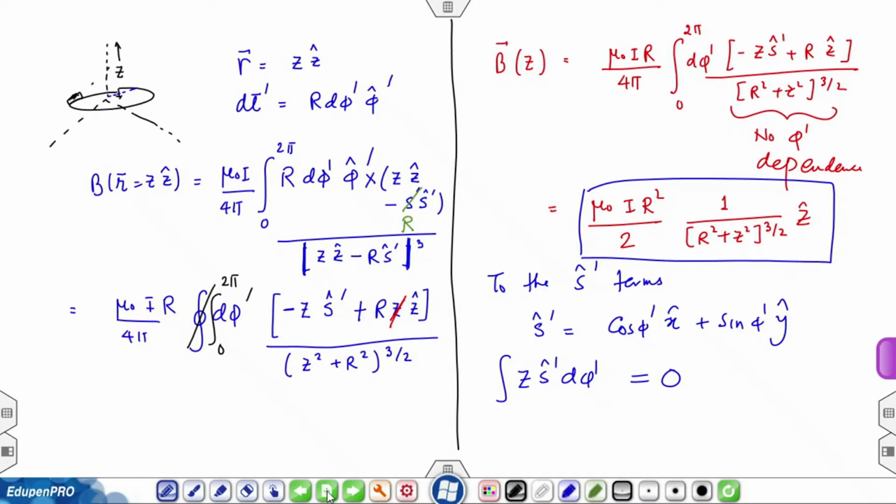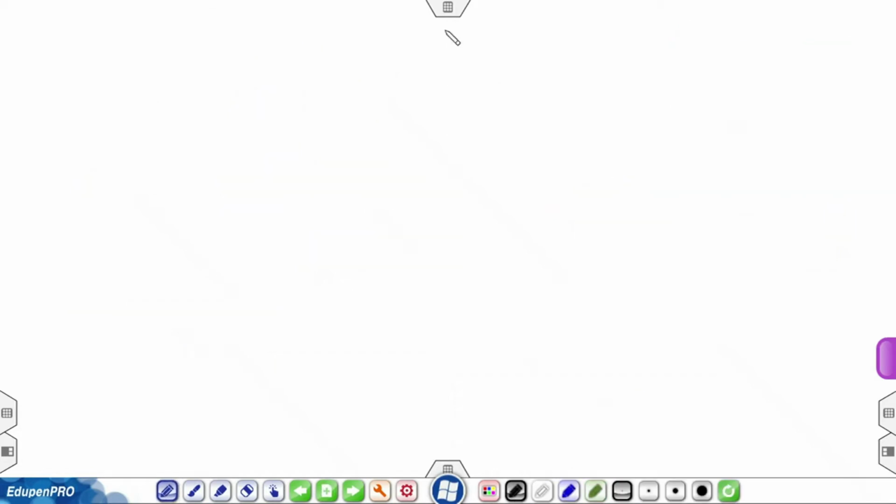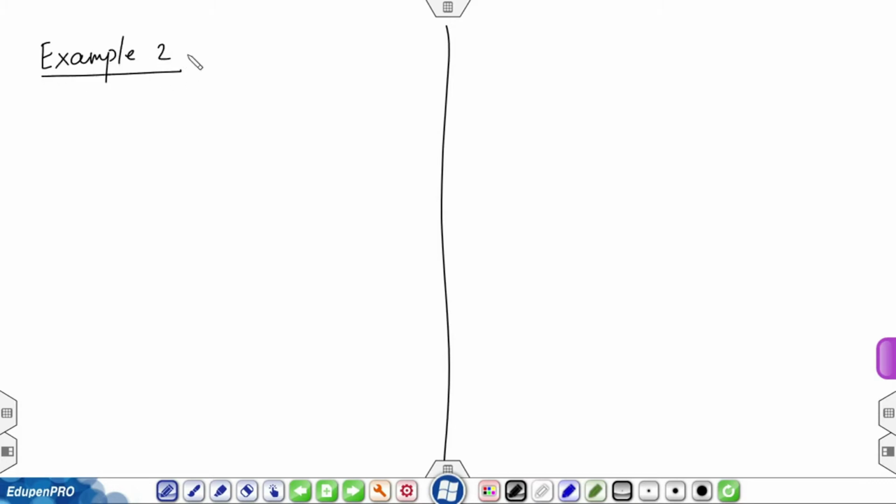Let us do example number 2. In this example, suppose I have a thin strip, of infinitesimal width, carrying a current K in the y direction.